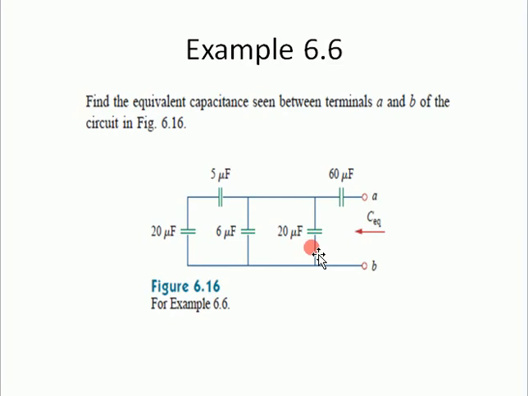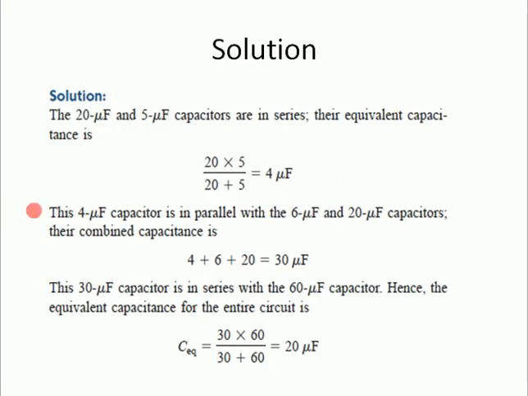For the 20 and 5 microfarad in series, C equivalent is equal to 20 multiplied by 5 divided by 20 plus 5. So we get 4 microfarad here.